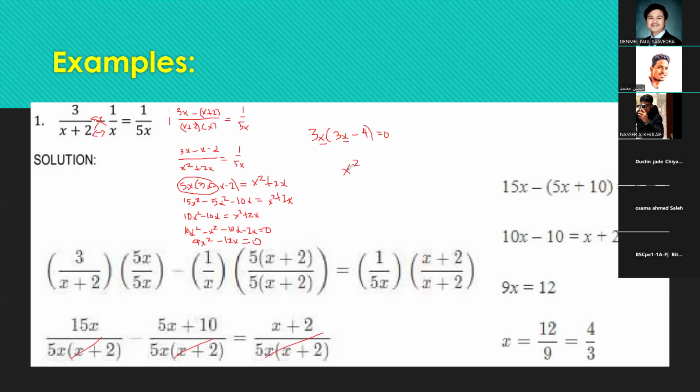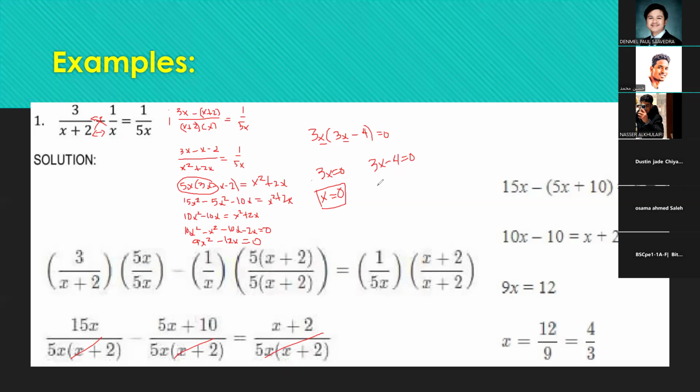Okay. So in here, it will give us two values to be exact. So the first one is 3x is equal to 0. I think my answer was actually also correct if you're going to do this one. The first one is 3x, equate this one to 0. So therefore x is equal to 0 over 3 or 0. That's the first one. The second one is 3x minus 4 is equal to 0.